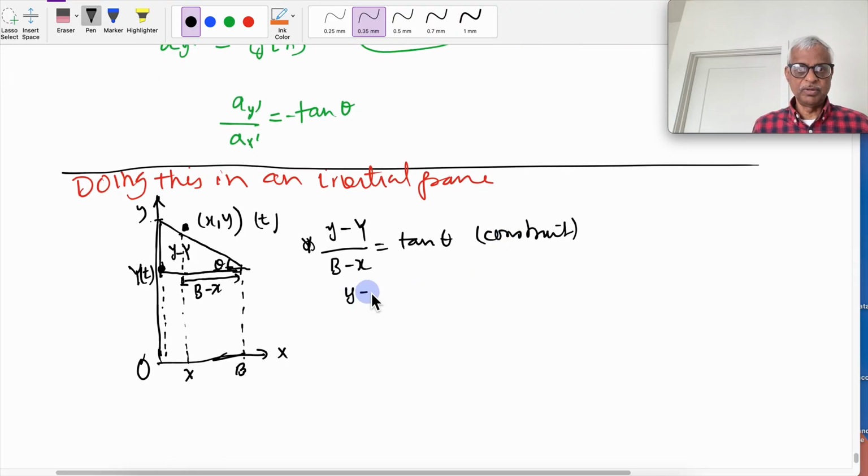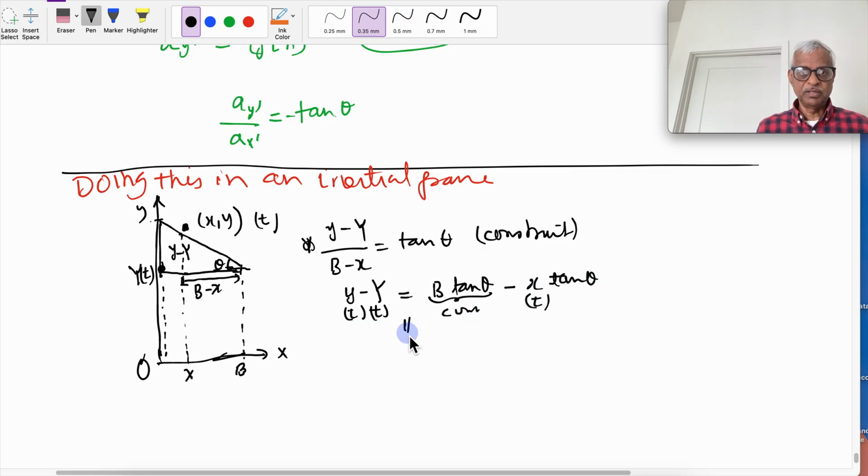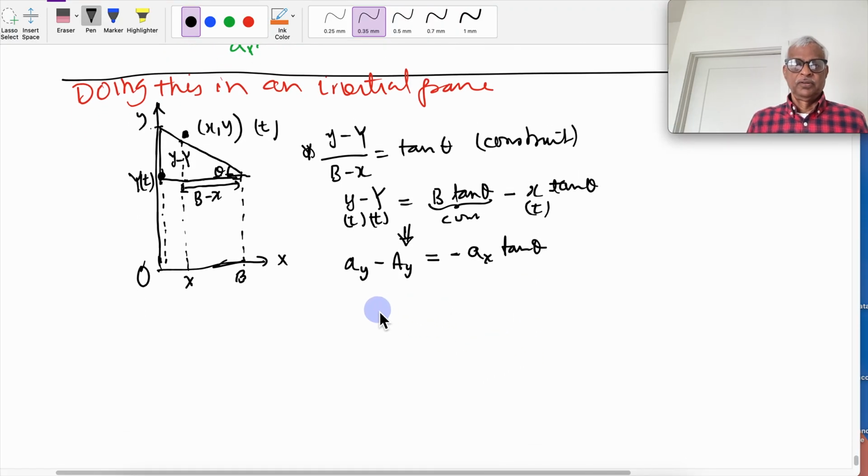So here is y minus capital Y, which is time dependent, equals b tangent theta, constant, minus x tangent theta, and this is time dependent. So if you go to the acceleration, a y minus a capital Y equals minus a x tangent theta. So a y equals a capital Y minus a x tangent theta. That's the connection.